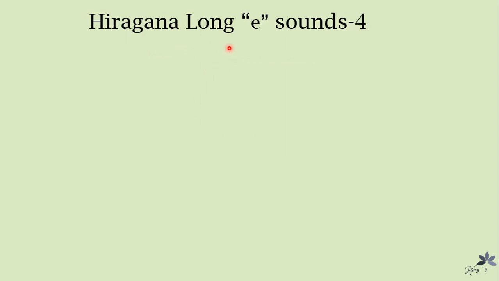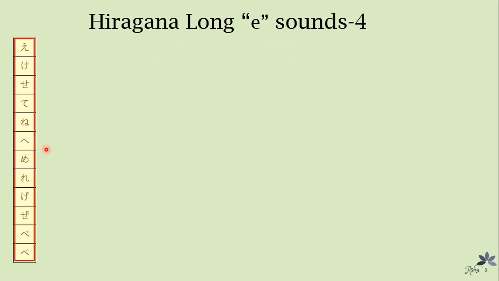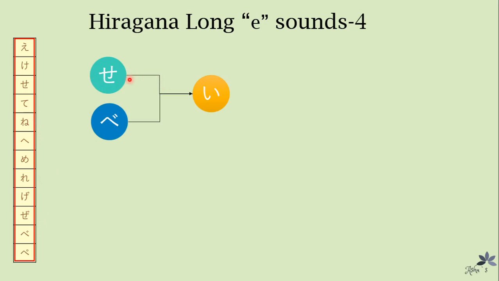Sorry, long A sounds. Here we have to take the alphabets from the E column. That is E, Ke, Se, Te, Ne, etc. To these alphabets, let's add E. Now for example, here I have taken Se and Be.